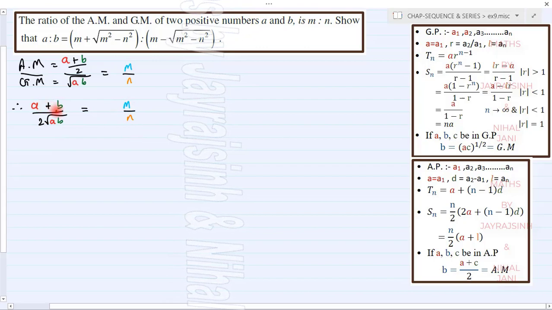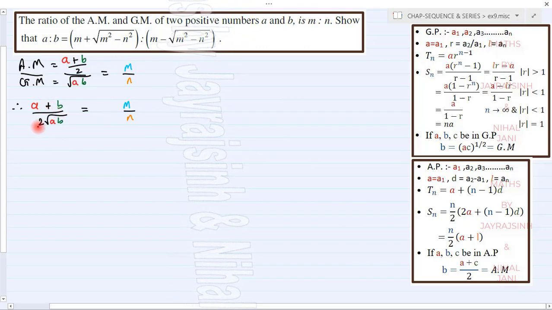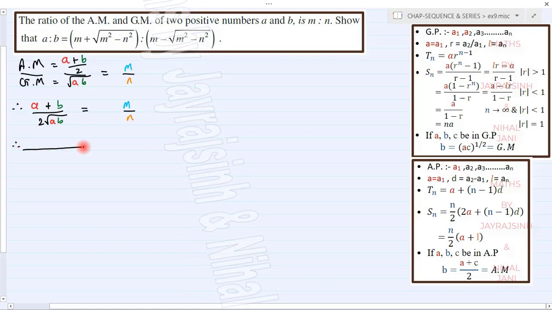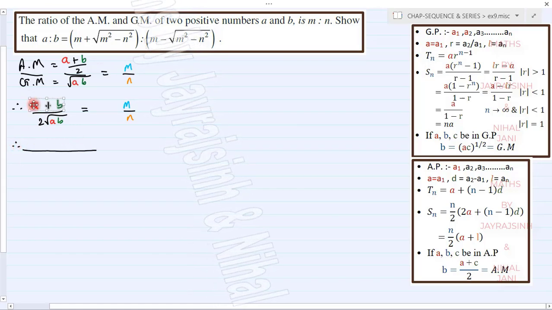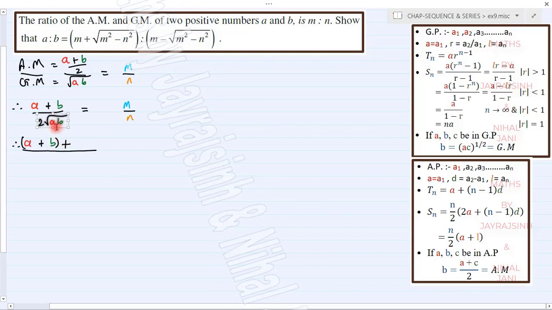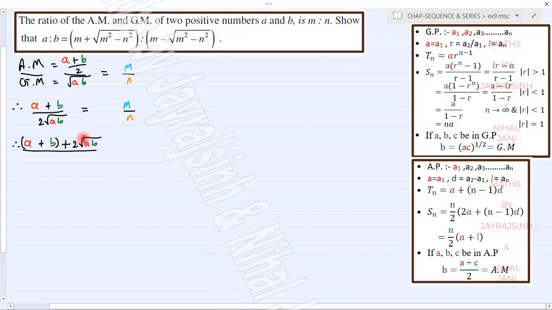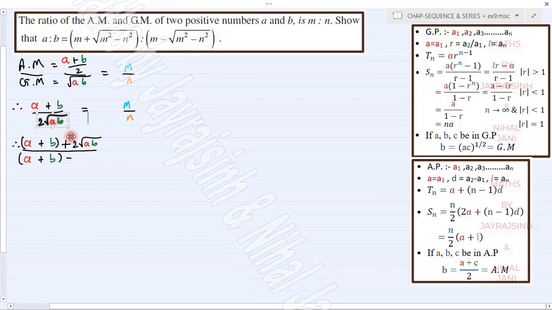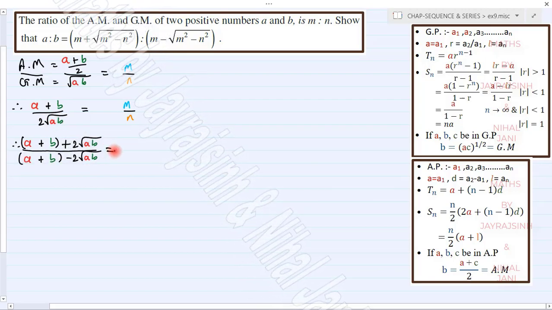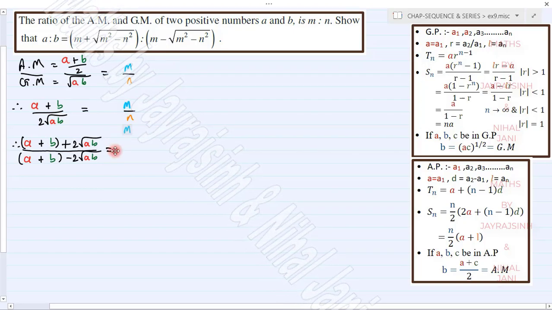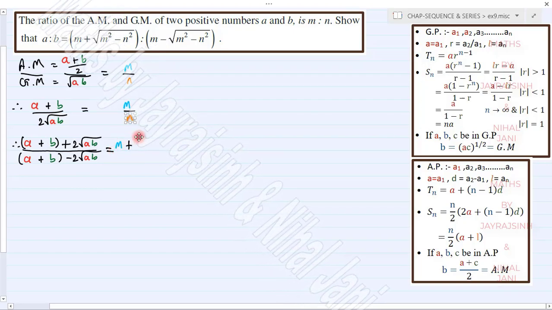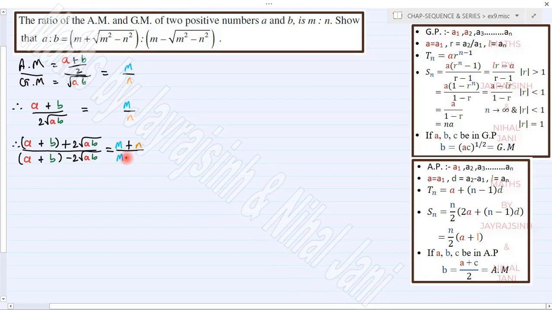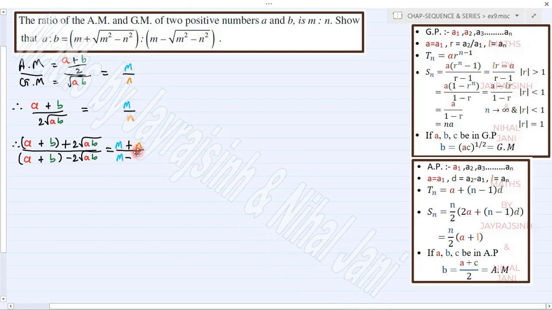Now, to separate a and b, we have to take componendo dividendo. On the left hand side, we take numerator plus denominator upon numerator minus denominator. Similarly, on the right hand side, numerator plus denominator and numerator minus denominator.